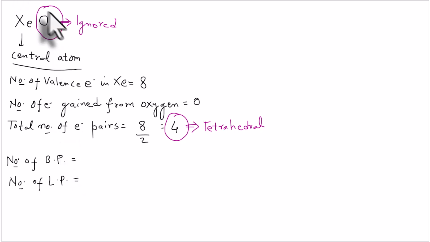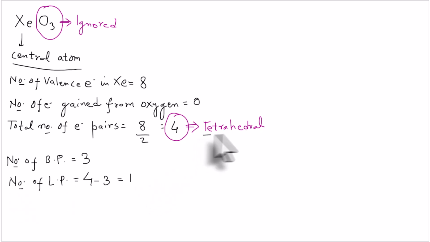So how many bond pairs? Xenon is attached to 3 oxygens, which even if they are doubly bonded, in that double bond there exists a sigma bond as well. So we will consider each oxygen contributes one sigma bond. So the number of bond pairs is equal to 3, and then how many lone pairs? 4 minus 3 is equal to 1.